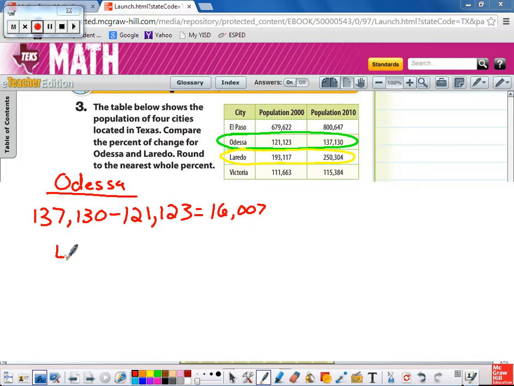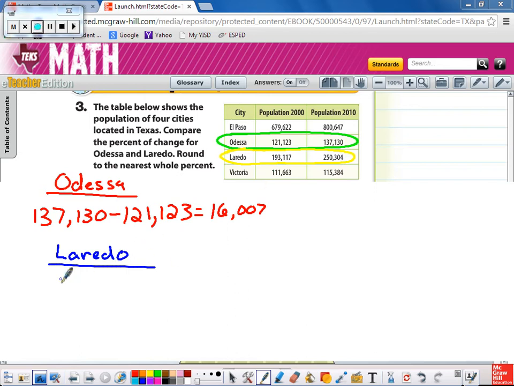And Laredo, let me do that in a different color so it'll stand out. Now with Laredo, I'm going to compare their data. In the year 2000 they had 193,117 people. In the year 2010, they had 250,304 people. And I can see here that is also increasing, so I'm also going to find a percent of increase for Laredo.